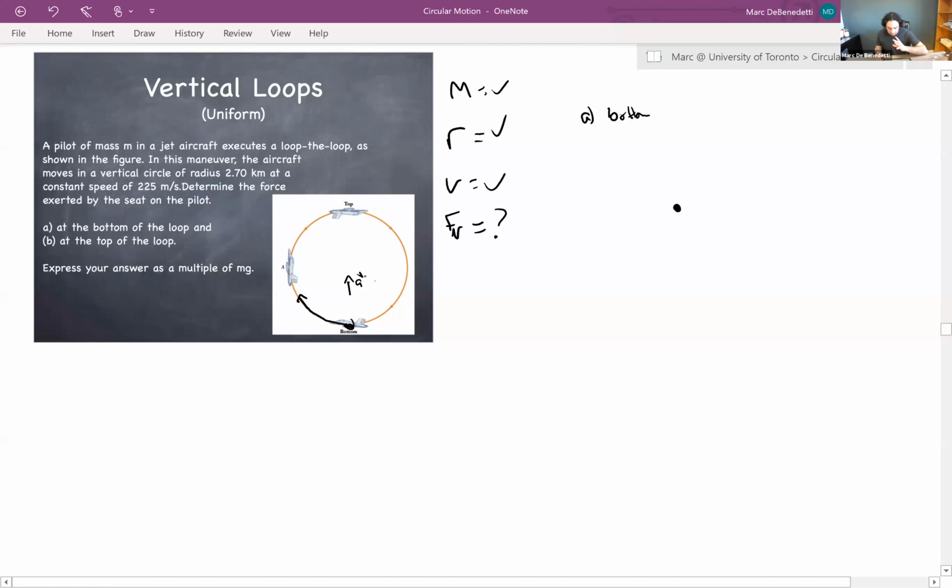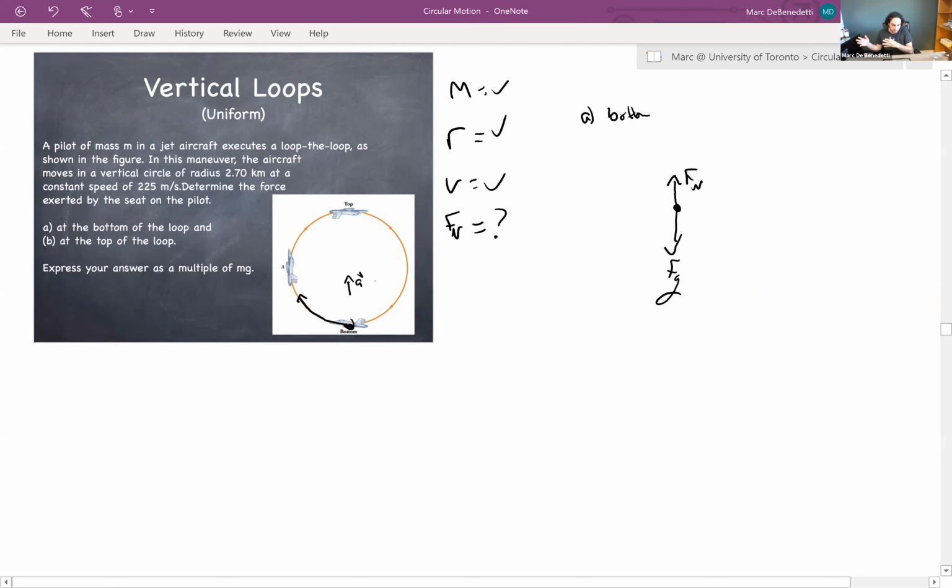Now, acceleration is not a force, so we don't label acceleration in the free body diagram. I only label the forces. So gravity is pulling the pilot down. Now what's preventing the pilot from just falling out of the sky? The normal force from the seat on the pilot. I don't think there are any other forces.